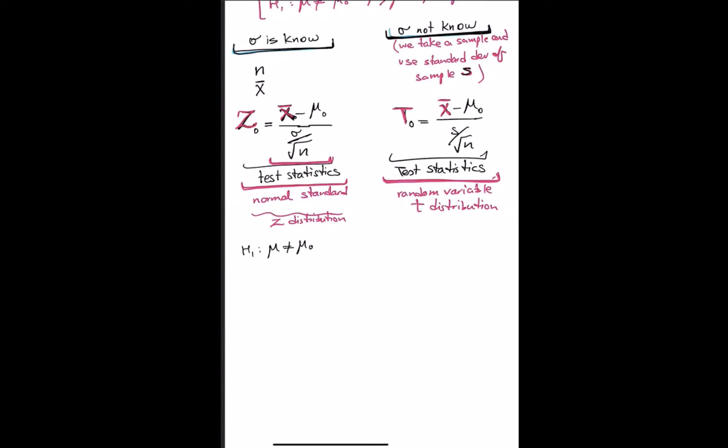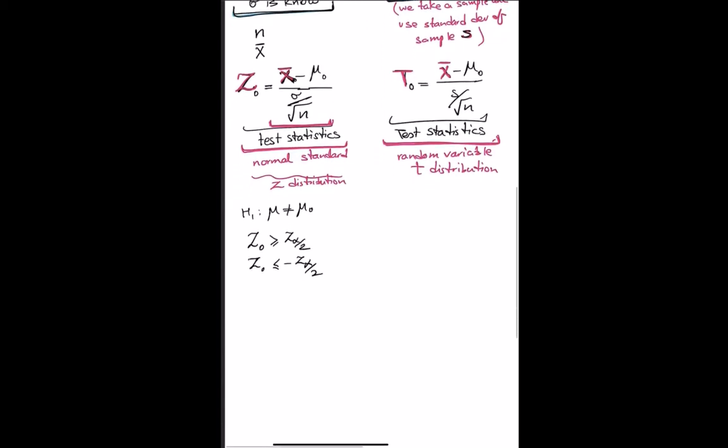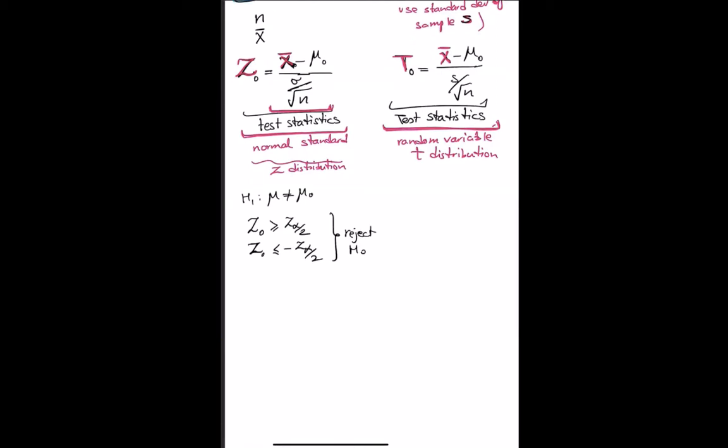The way to decide about this test is that I compare my test statistic with the critical values. If the test statistic z null is greater than z of alpha over 2 or less than minus z of alpha over 2, which I consider as critical values in the test, then we reject H null. And if it's one-sided, then I compare z null with z of alpha or minus z of alpha.